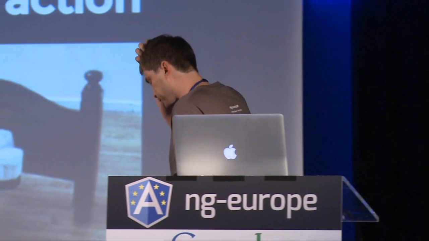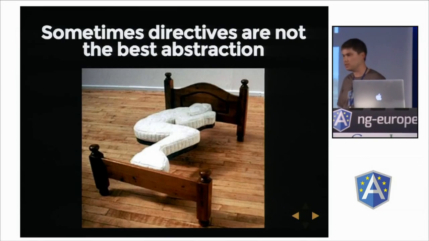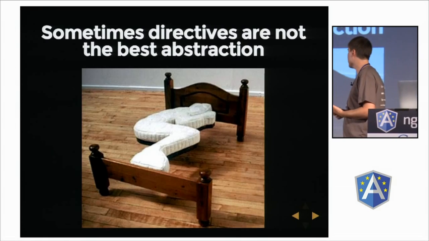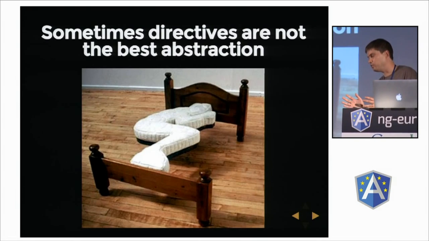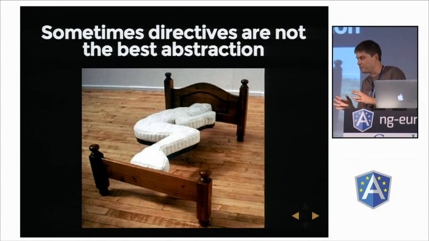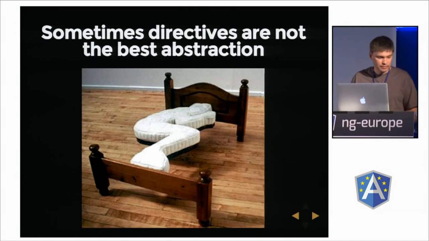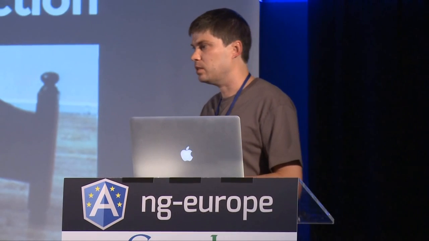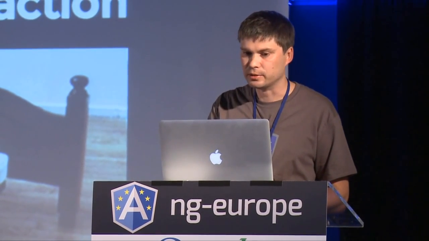So as much as we like directives and like to write them, sometimes they are really not the right abstraction. They start to feel a little bit awkward. You can use them in only one very specific condition, and maybe it's because the directive is not the right abstraction. Maybe there is something else that is needed.